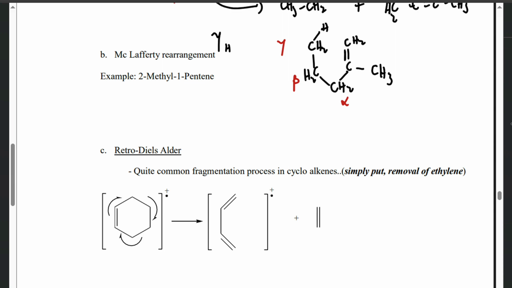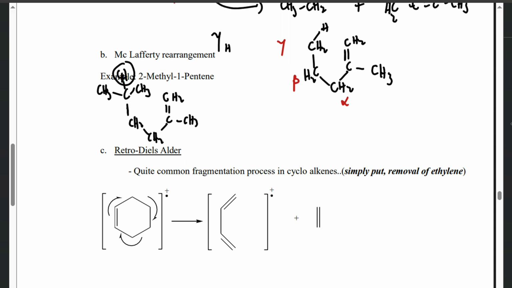So let's say we have something like this, double bond CH2, right? CH3, we have CH2, we have CH2, and this is the gamma carbon. If this one was like CH3 and hydrogen, there's still a gamma hydrogen there, so McLafferty can still occur.